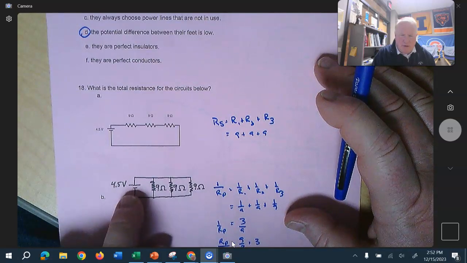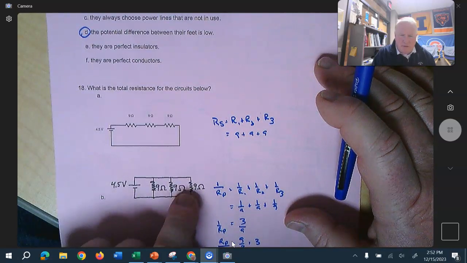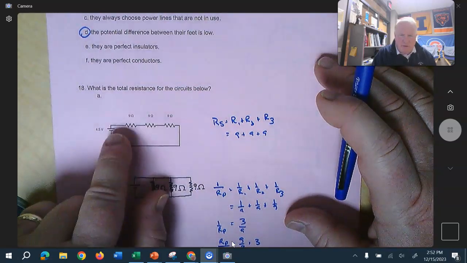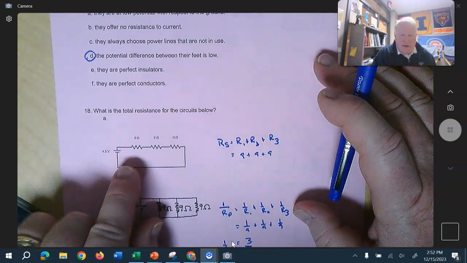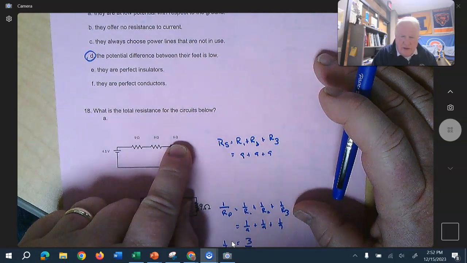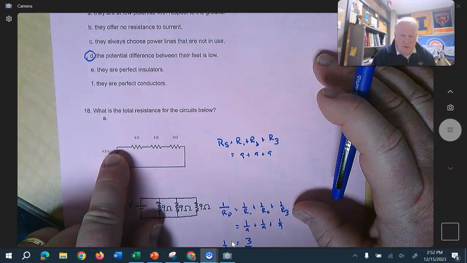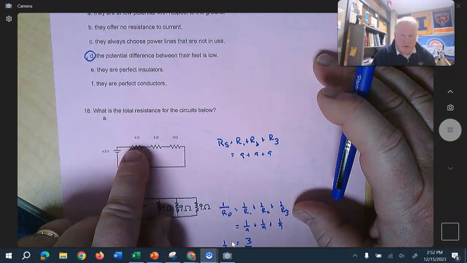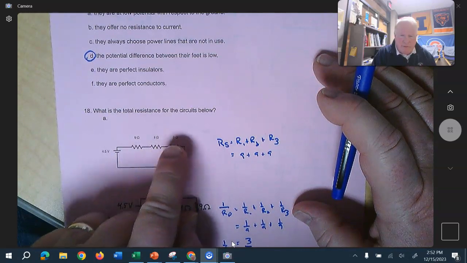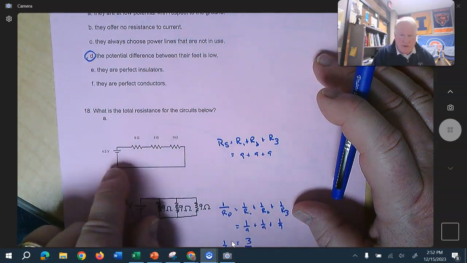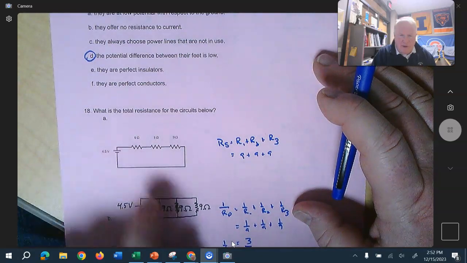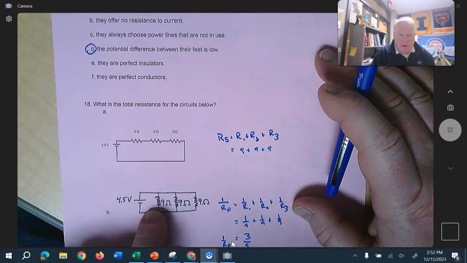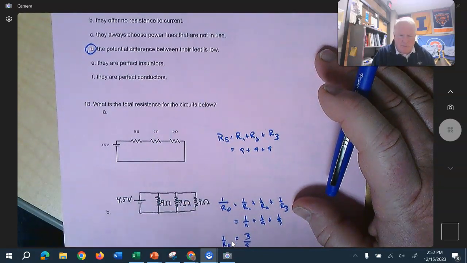And then over here, gain 4.5, it's going to lose 4.5 here. Whereas here, with our battery being 4.5, and all of our resistors being 9, this one is going to gain 4.5. It's going to lose 1.5 here, 1.5 here, 1.5 here to get down to 0. So all three of these add up to 4.5, whereas in parallel, all of these drops are 4.5.